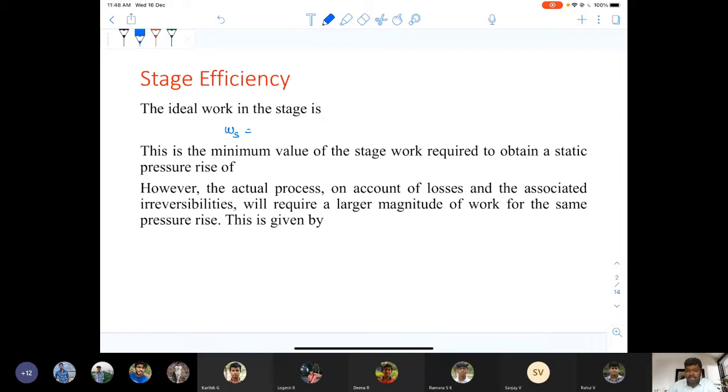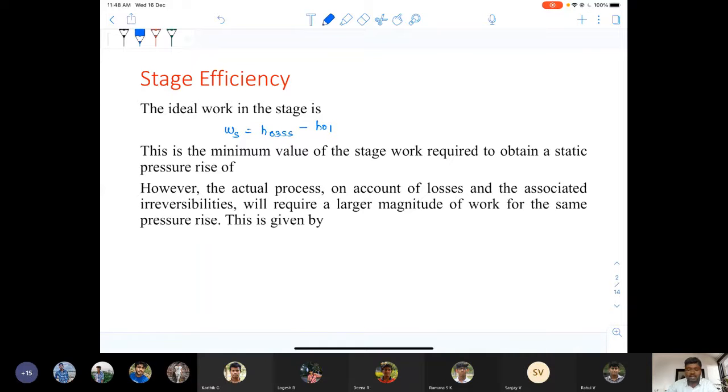So W_s will be the difference in enthalpy between stage 1 and 3. Therefore, we get H0 3SS minus H0 1. This is the enthalpy at the initial state, and this is the enthalpy at the final state, that is, the outlet of the diffuser, where SS denotes the isentropic process.